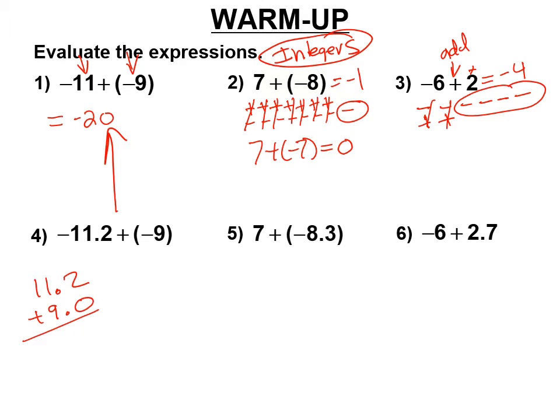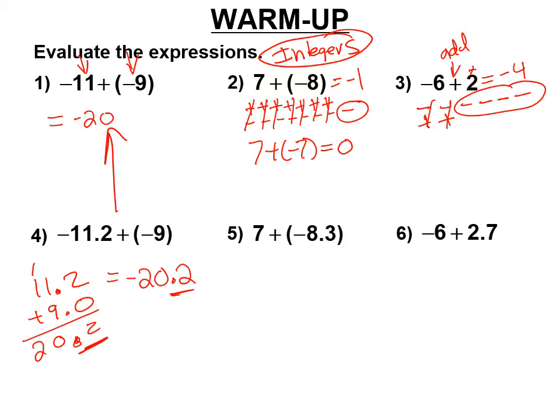If I can't do it in my head, I'm going to line up my decimal points and realize that I have negative 20.2, or 20 and 2/10 negatives. In my class this year, you're allowed to say that as 0.2. You're also allowed to say it as 2/10, as I'm sure some of your teachers made you say it last year. Either is fine with me.